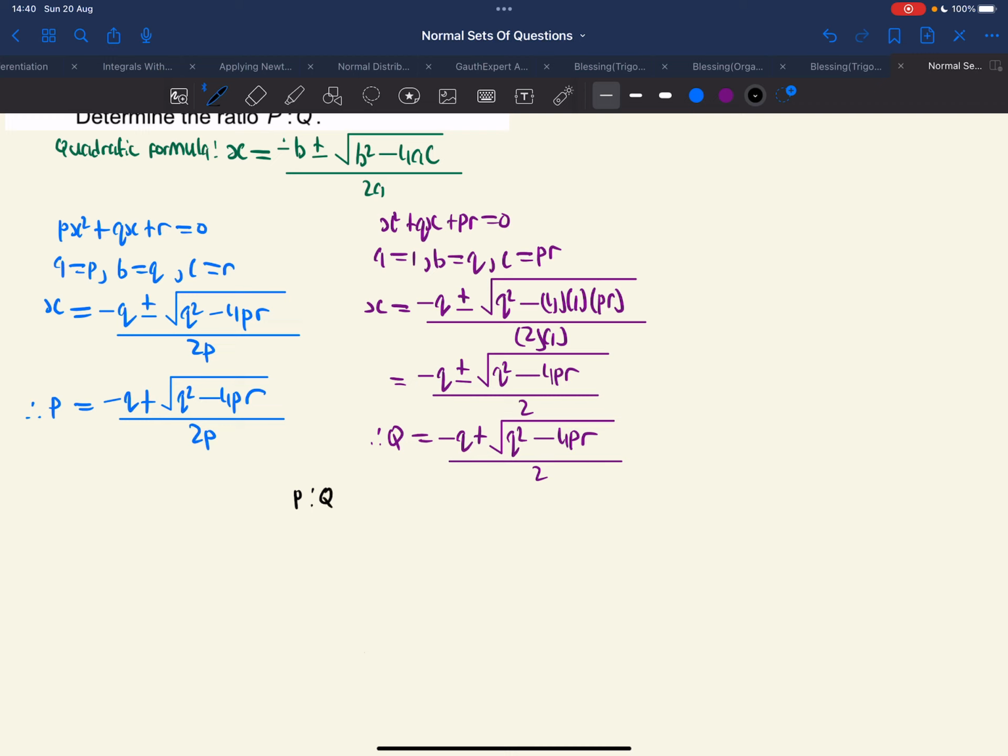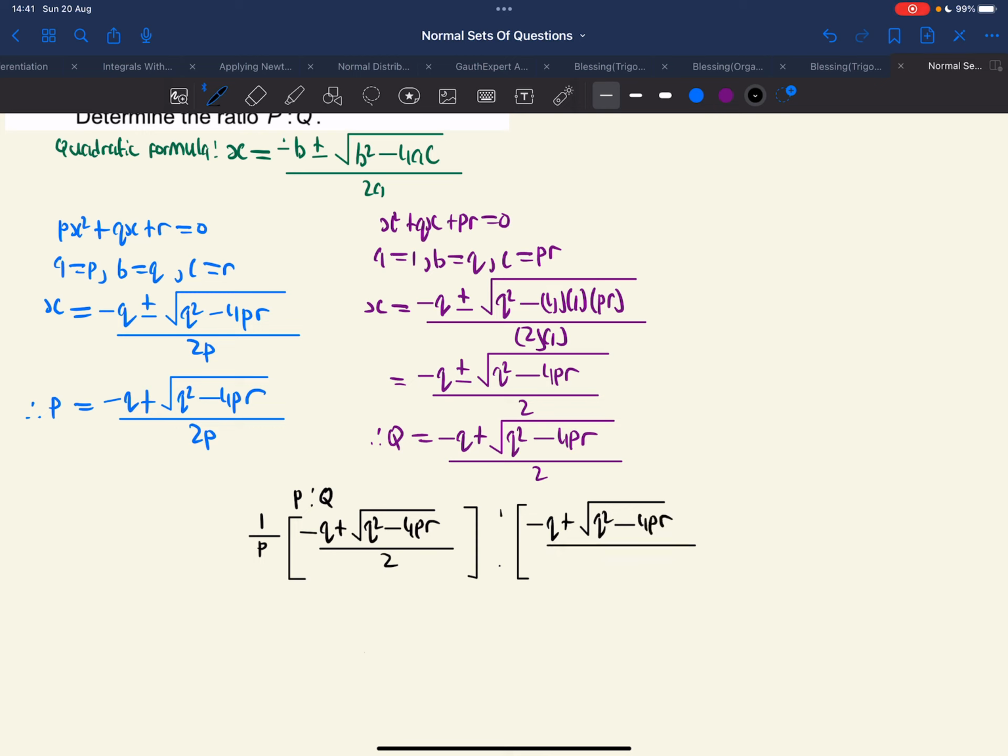So the ratio of p to q, you can say, is 1 over p times minus q plus square root of q squared minus 4pr all over 2, and then q is given as minus q plus square root of q squared minus 4pr, and that is all over 2. Then it includes that root there.